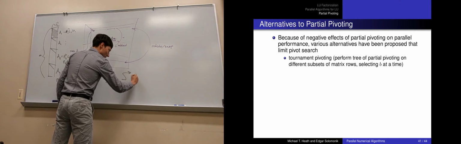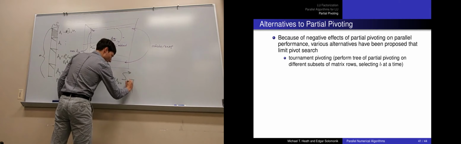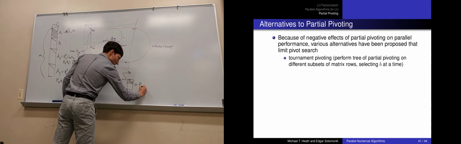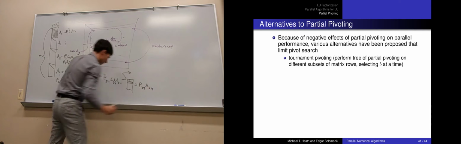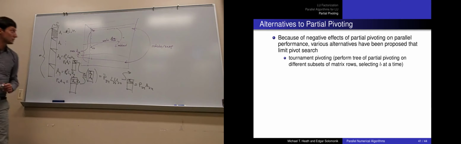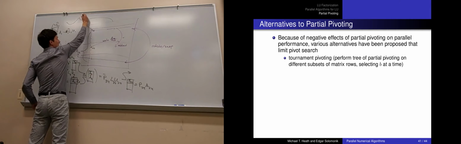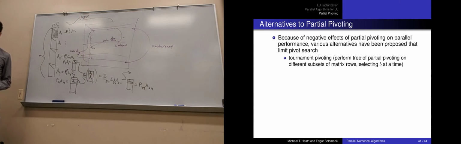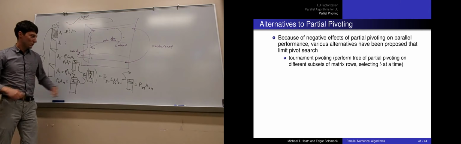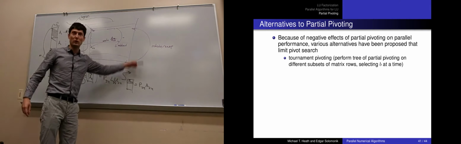So we'll pass up the top part of something like that. So what we're effectively doing is building a binary tree of kind of pivot factorizations, which will overall be of height log of the number of processors. And so what we'll end up with at the end is some amount of rows of A that have been selected throughout this tournament.